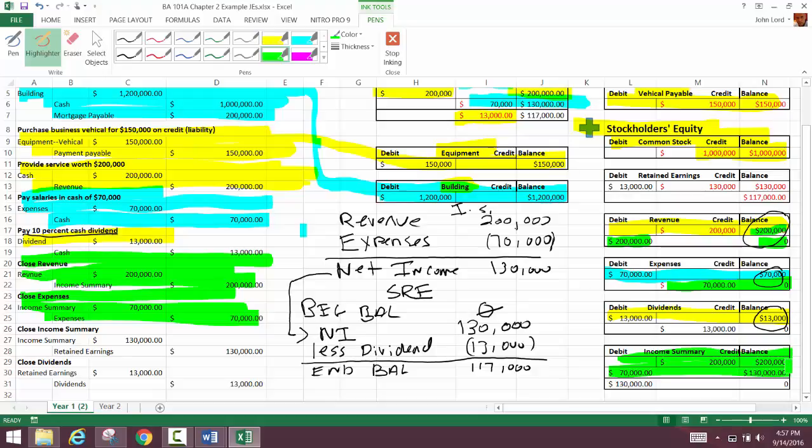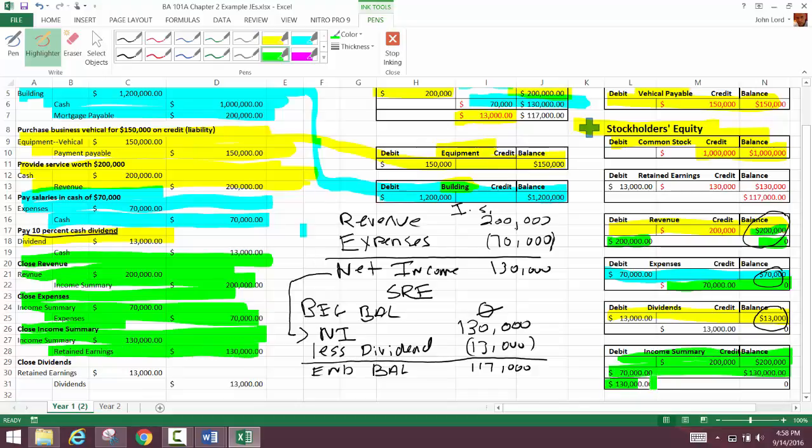Okay, so what do I do now? Well, I want income summary to be zero because I track my income by year, don't I? So I want that to be zero next year so I can track my income in the next year. So I debit income summary 130,000 and I credit my retained earnings account.